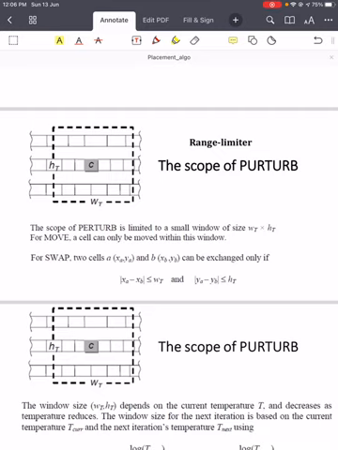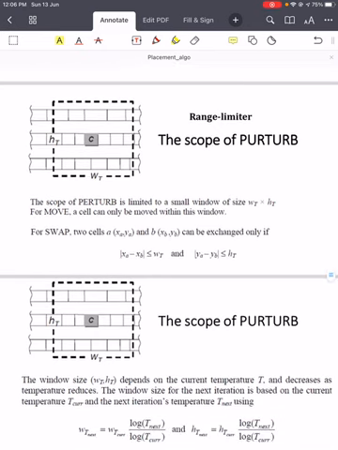So initially this type of volatility is observed at high temperature, but as the temperature cools down, most of the atoms settle down and there is very little movement of the atoms. In TimberWolf, this feature is incorporated by introducing a window of width WT and height HT. So we are going to define a region.